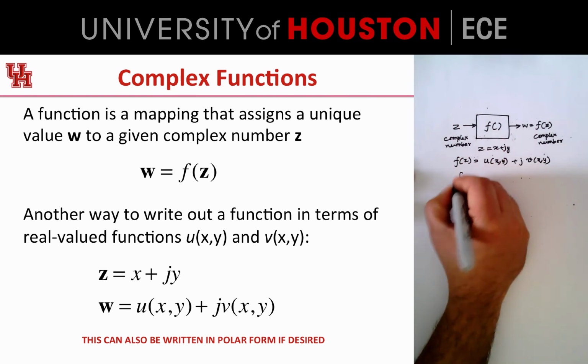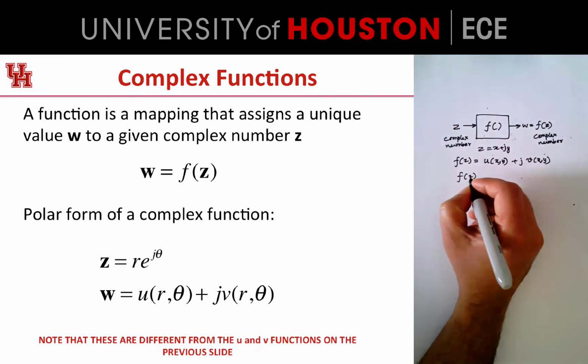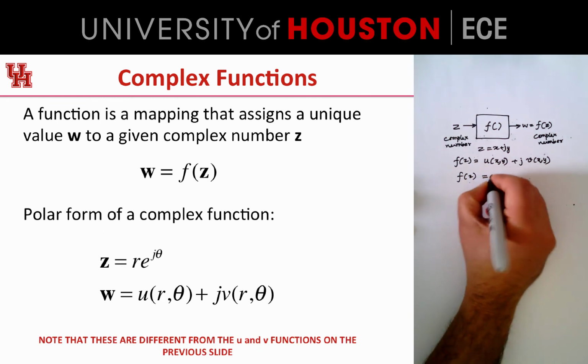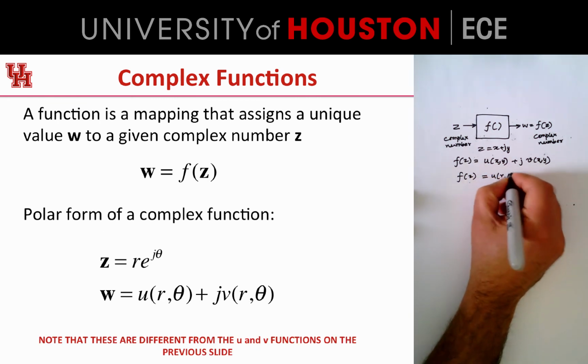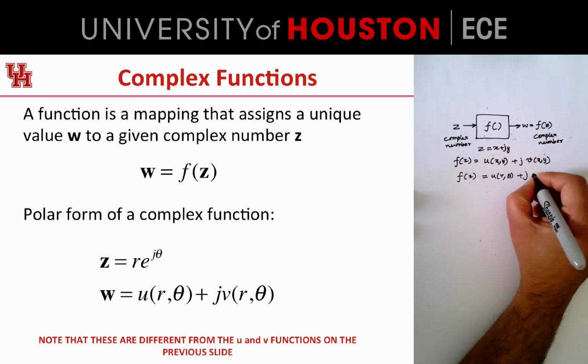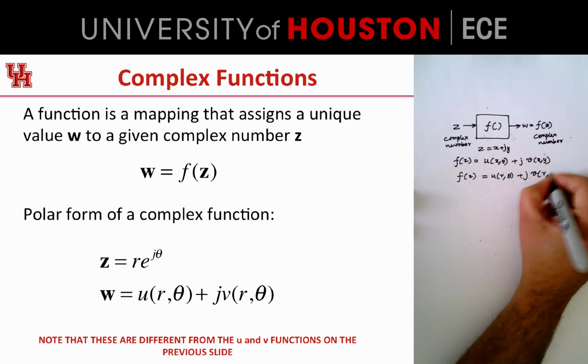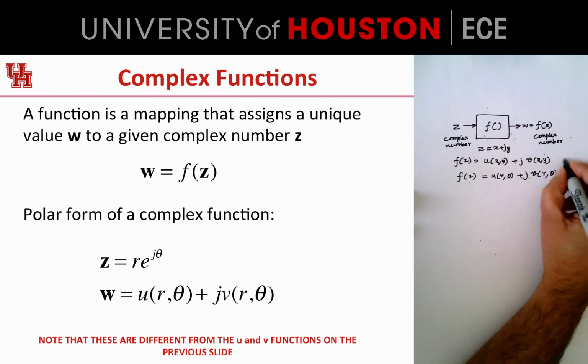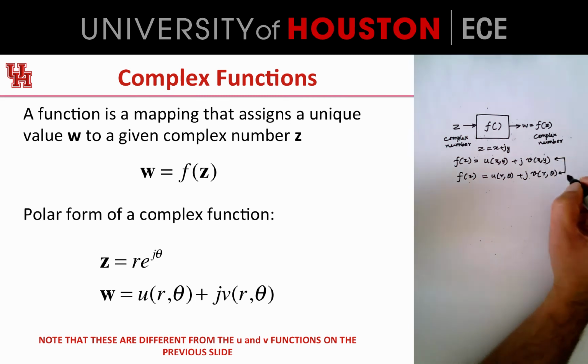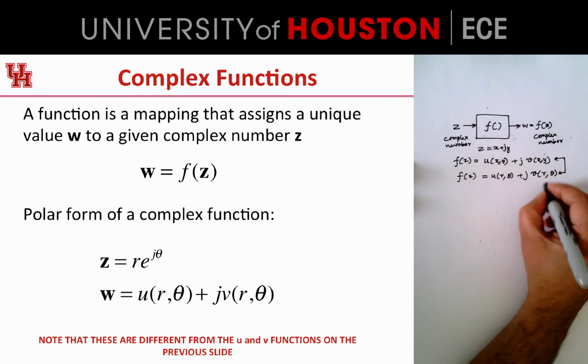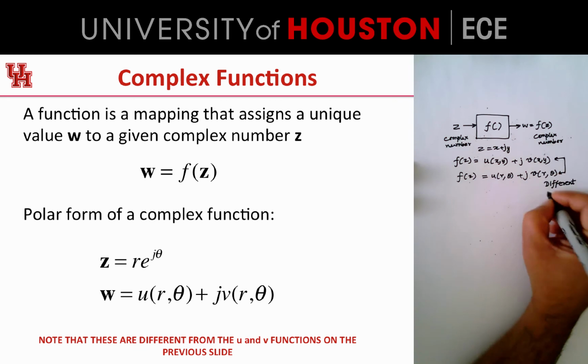In that case, we would write f of z equals u of r and theta, plus j v of r and theta. Now, keep in mind that these are not the same. In other words, these u's and v's are different.